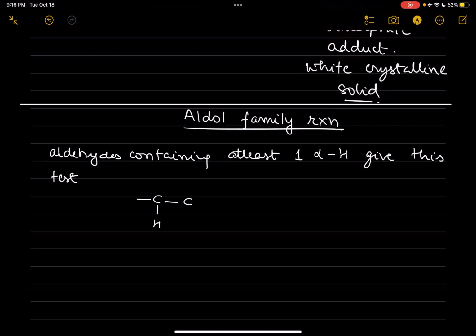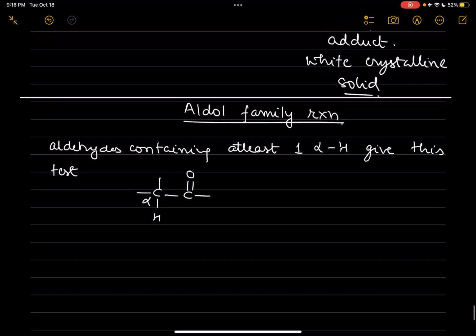So this means that there should be at least 2 carbon atoms. This is the alpha carbon and this is the alpha hydrogen. So aldehydes and ketones should have at least 1 alpha hydrogen. Then only they are going to give this test, the reaction in the presence of base.